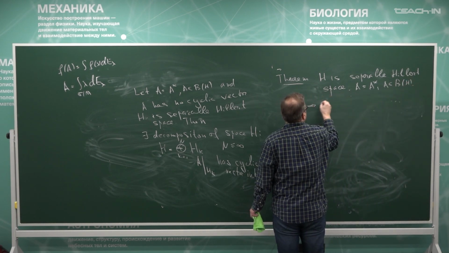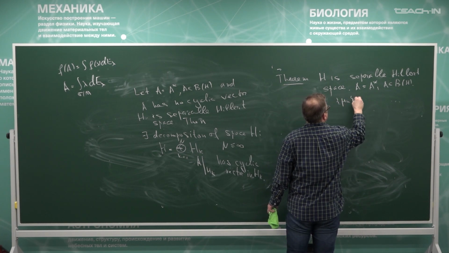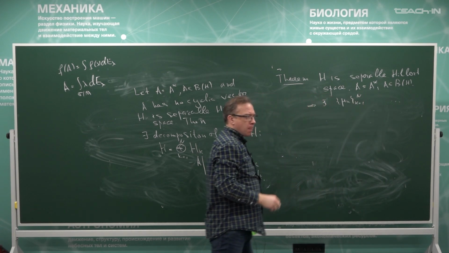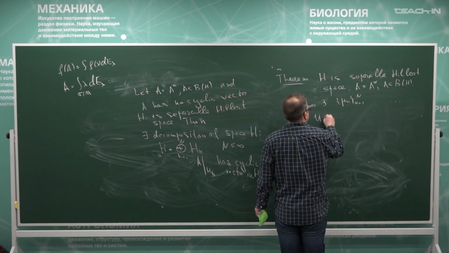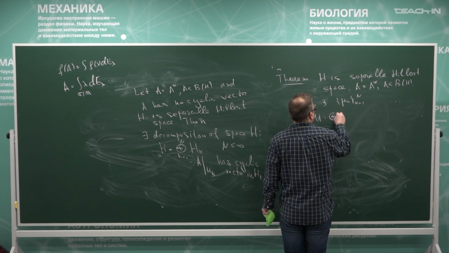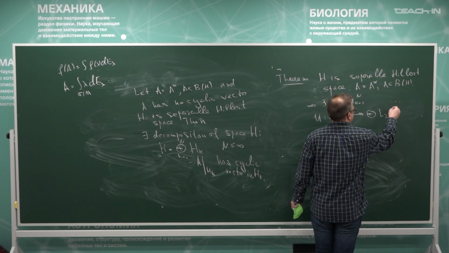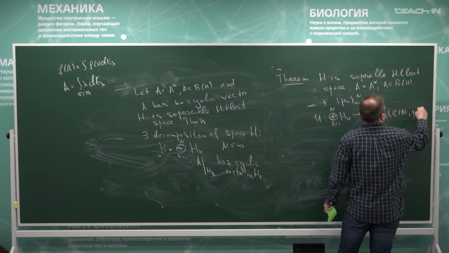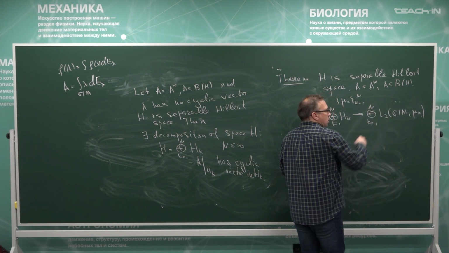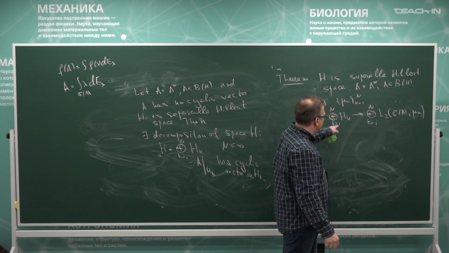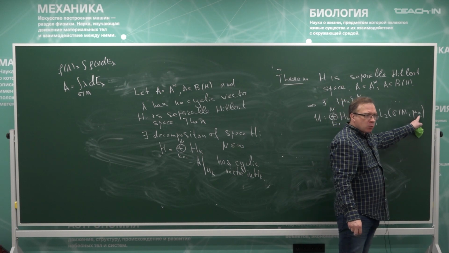Then there exist measures mu k and U, a unitary isomorphism between the direct sum of Hk and the direct sum of L2 on the spectrum, but with different measures mu k.